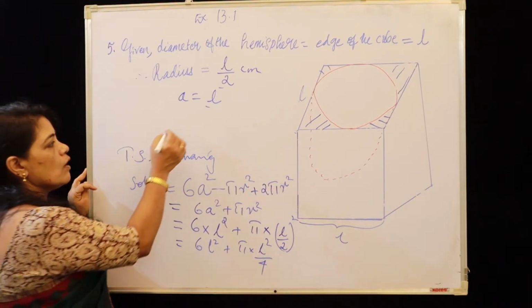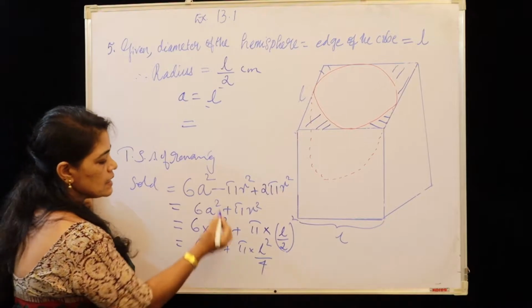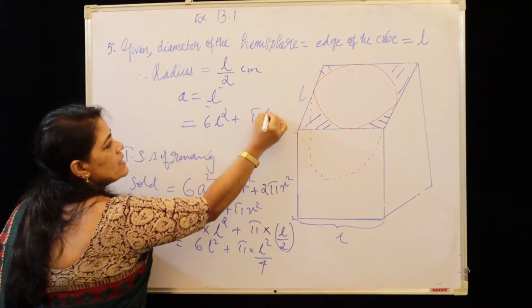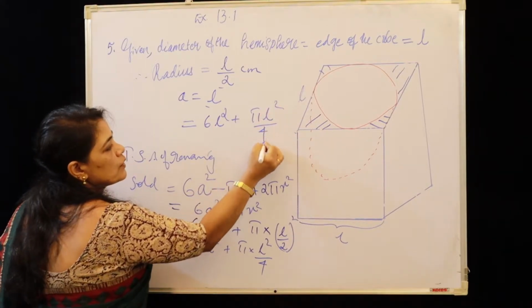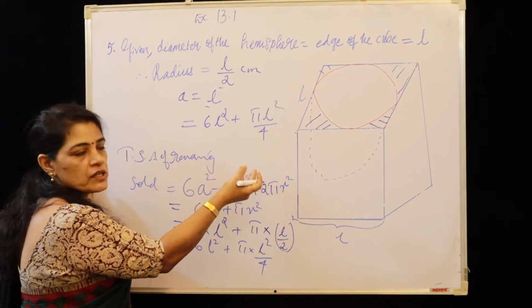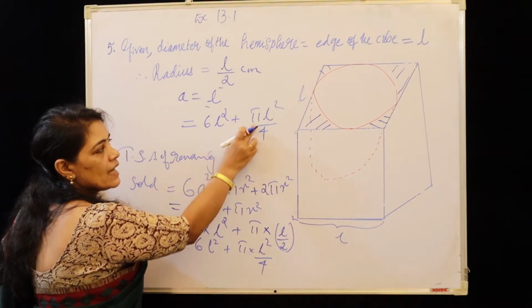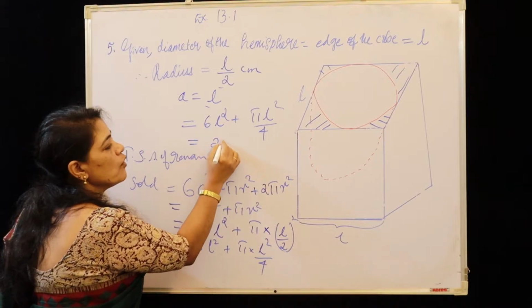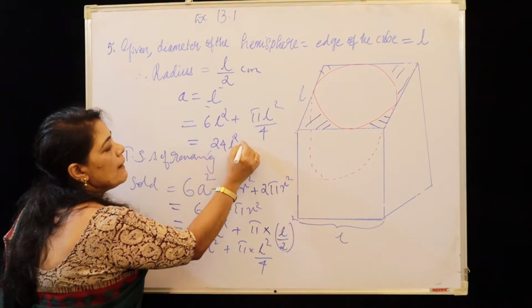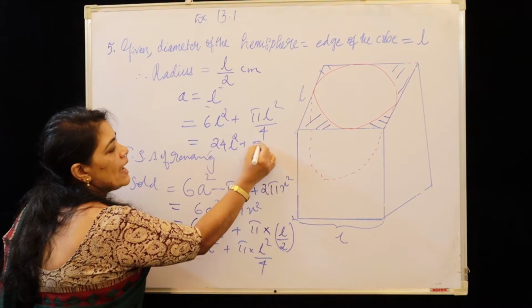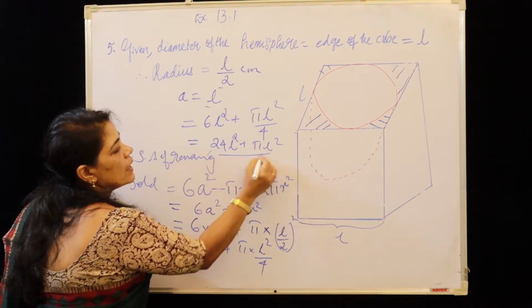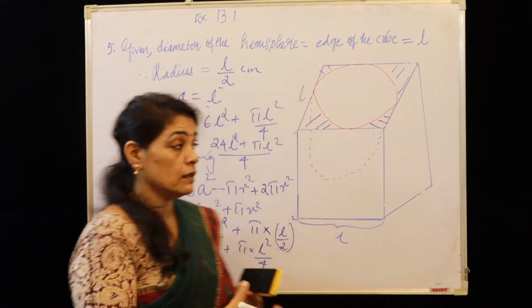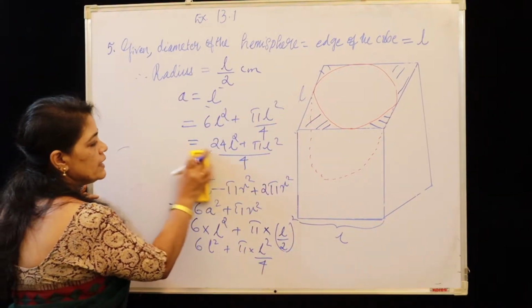On solving, you get 6L square plus pi L square by 4. How to do the cross multiplication? Since they are connected by a plus sign, 4 into 6, 24 L square plus pi L square, all by 4. This is what you get after cross multiplication.